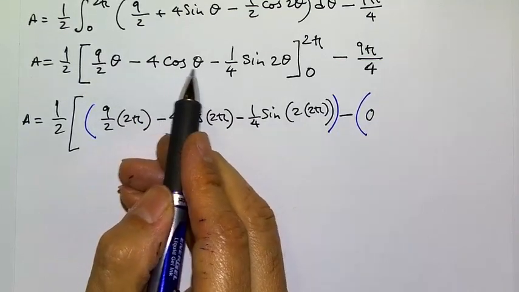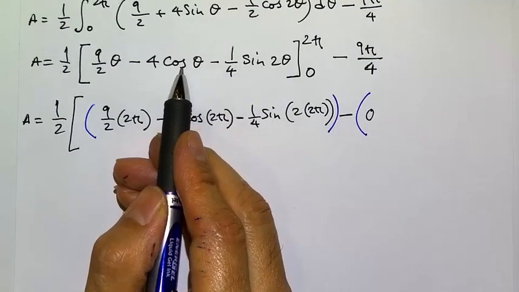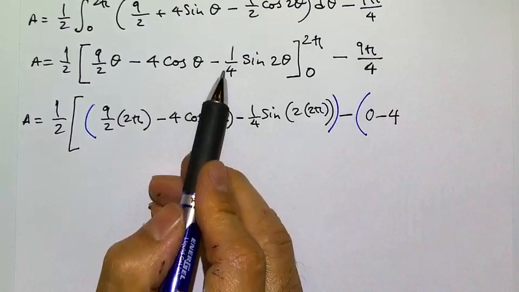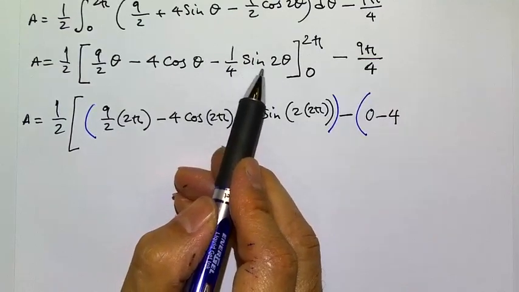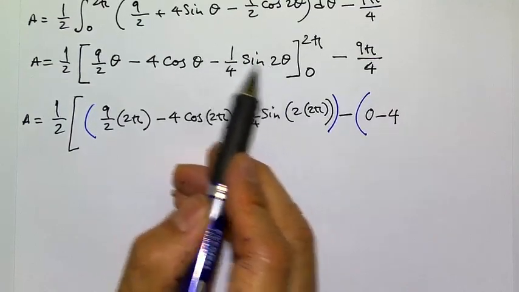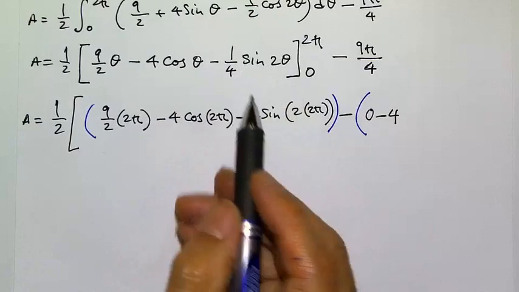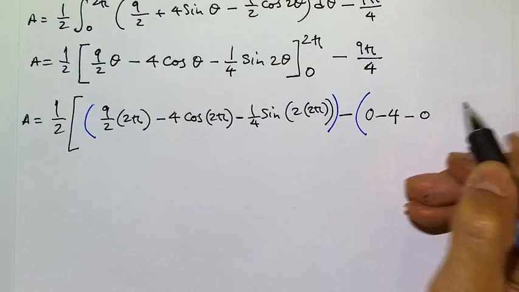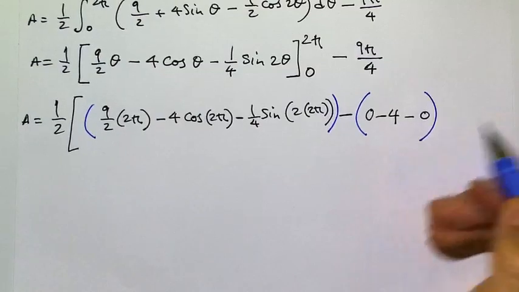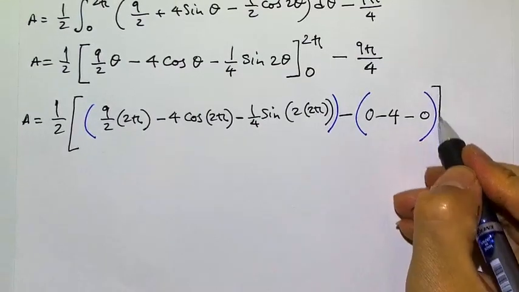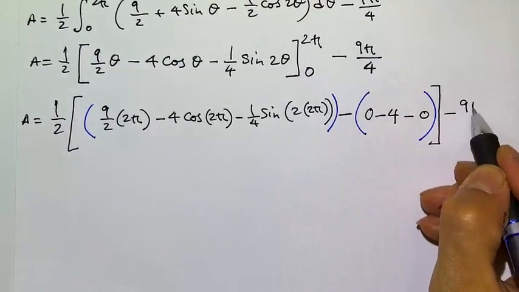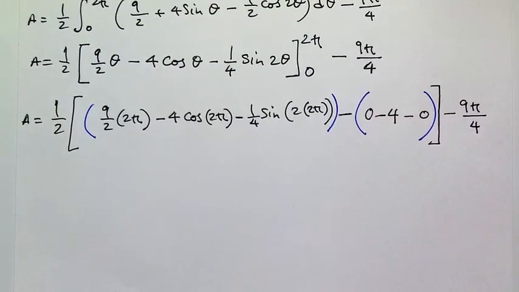Minus cosine of 0 is 1. 1 times minus 4, minus 4, minus 1 over 4 times sine 0. This is going to drop out and become 0. So we have a minus 0. Okay, so that's that. And then, of course, minus 9 pi over 4.